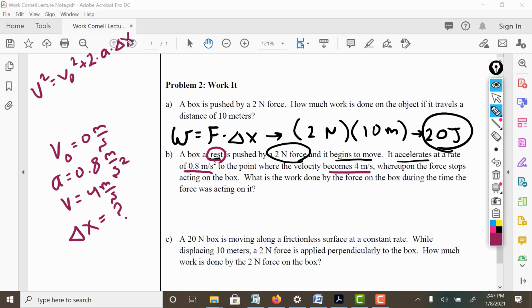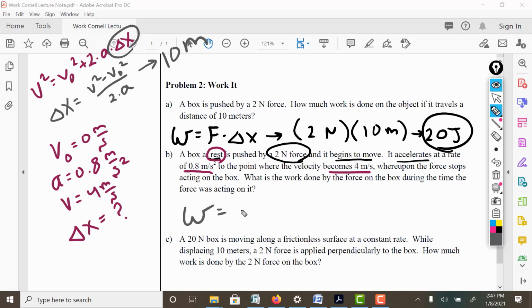We've spent countless hours on discussing kinematics, but long story short, if you were to go ahead and solve this for delta x, you're going to get this. And if we were to substitute these values in and work with the units, you're going to end up getting a displacement of 10 meters.